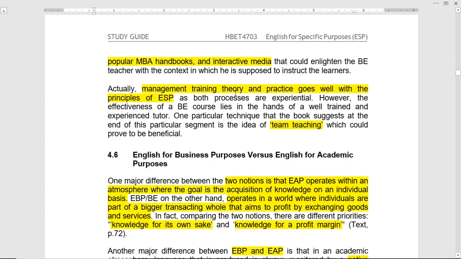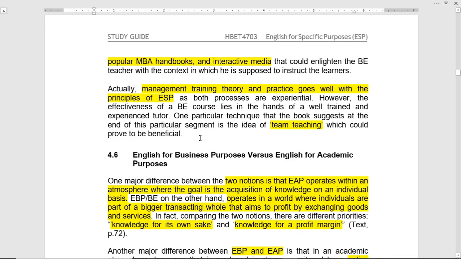Management training theory and practice goes well with the principles of English for specific purposes. So the subject knowledge, that is the business management theory, for example, is essential somewhat for the teacher.